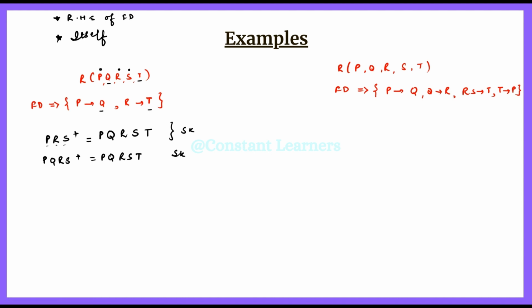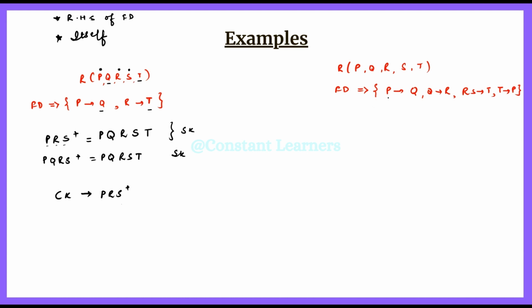But here in this case, which one will become the candidate key? The candidate key will only be P, R, S, right? Because this attribute closure is giving us all the attributes, that is able to determine all the attributes, and hence it is the minimal super key, and thus it will act as a candidate key.